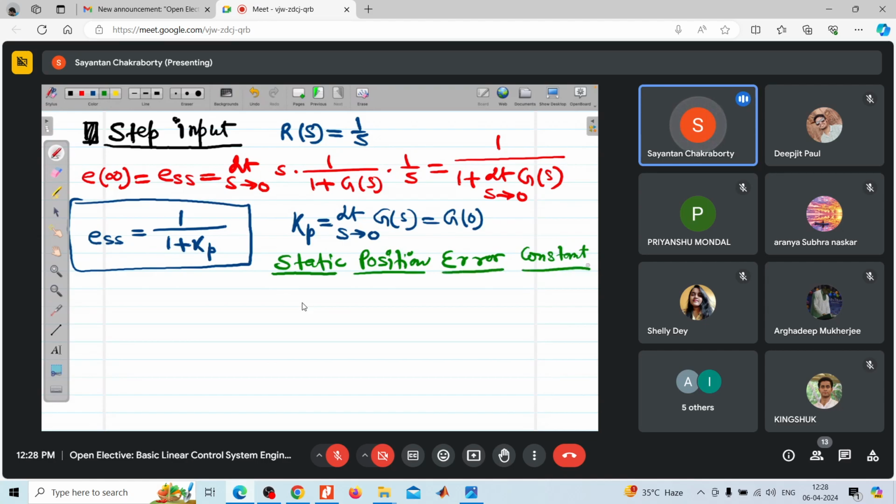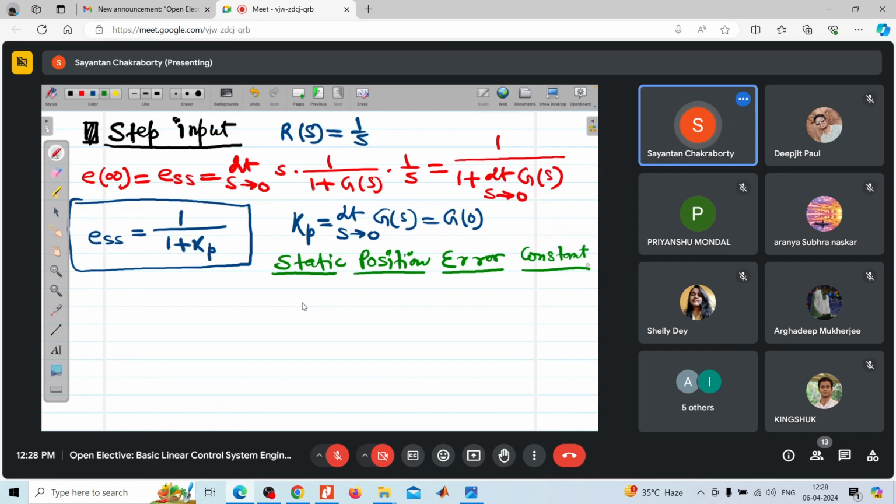Now there is a notion of why static, because it deals with the steady state behavior, which is the final behavior. It doesn't change beyond that. And dynamic means during the transient behavior, if you consider the gain during the transient behavior, it will be a dynamic constant that depicts the dynamic behavior.